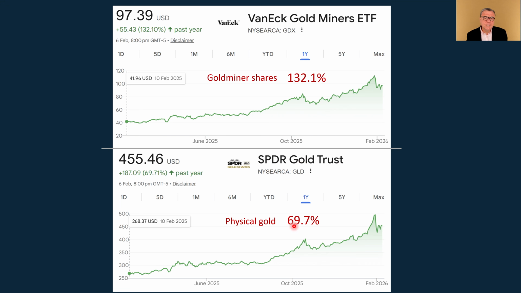That's up only 69.7% rather than 132%. And we want to understand, as we look here at the relative merits of a gold mining share ETF versus a physical gold ETF, why this has been so much larger in a rising market. It's going to be a lot more going down, pointing in the other direction in a falling market. But we want to understand that and the relative merits of these two.